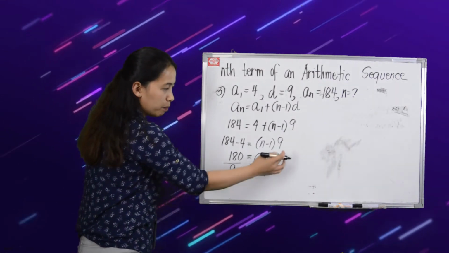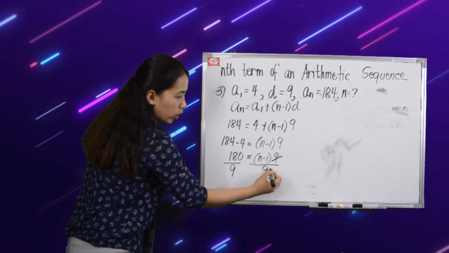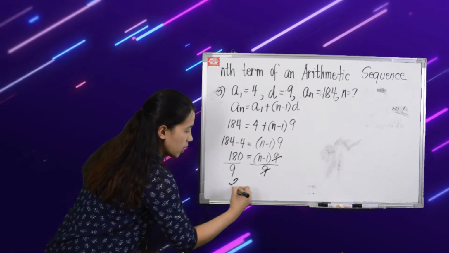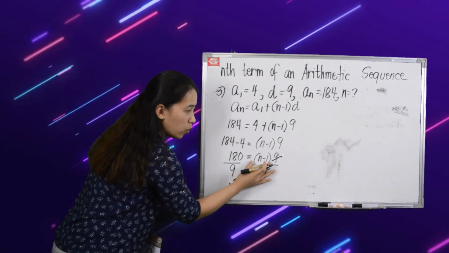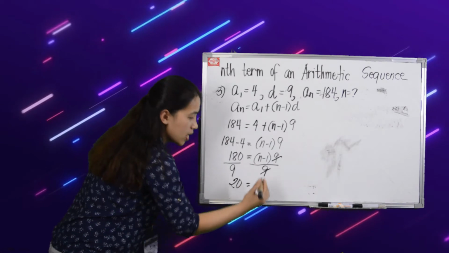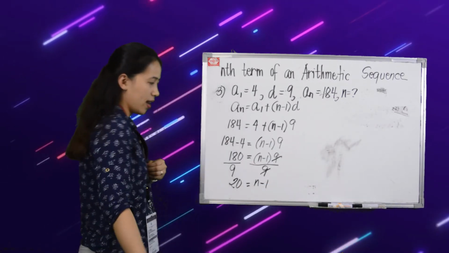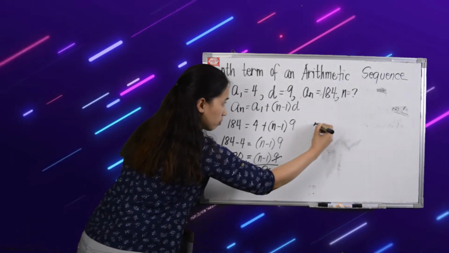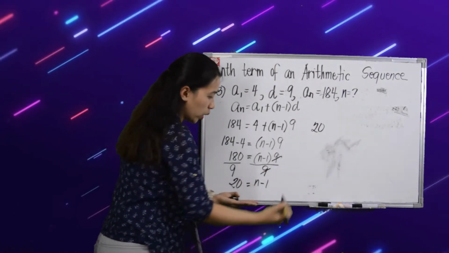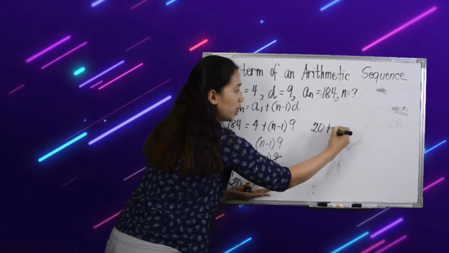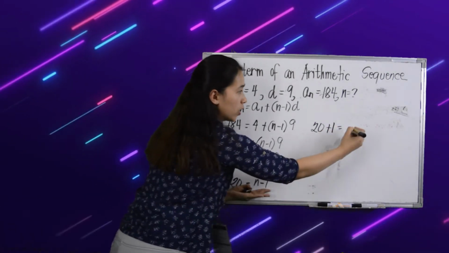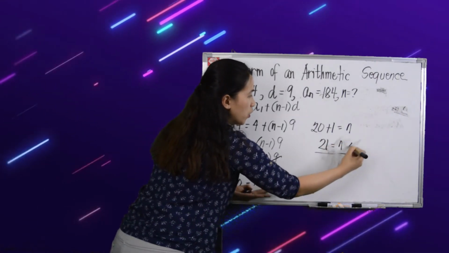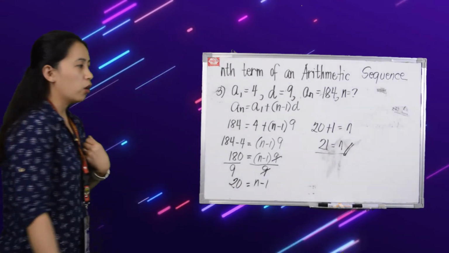So 9 and 9 cancel out. 180 over 9, that is 20, is equal to what remains on the right side of the equation, n minus 1. Combine like terms, that will be 20 plus 1 is equal to n. And that is 21. The value of n is 21.